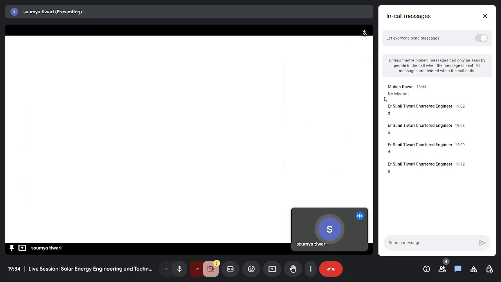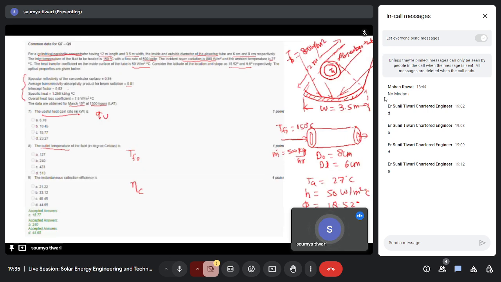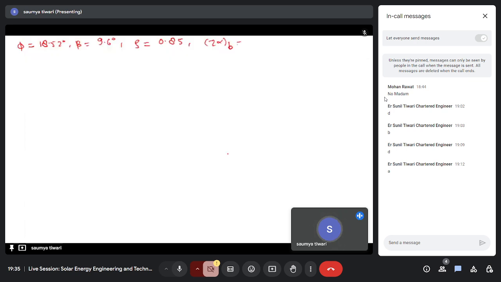So the angles mentioned here are phi, given as 18.52 degree, and beta, the slope, given as 9.6 degree. The specular reflectivity was given as 0.85. The average transmittivity absorptivity product for beam radiation was 0.81, and the intercept factor was given as 0.93.